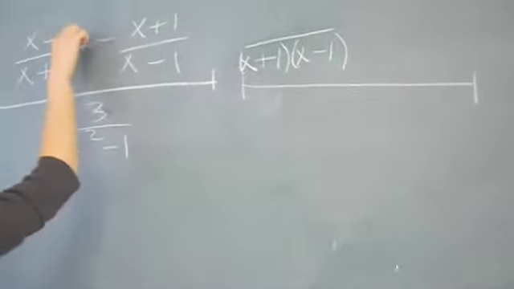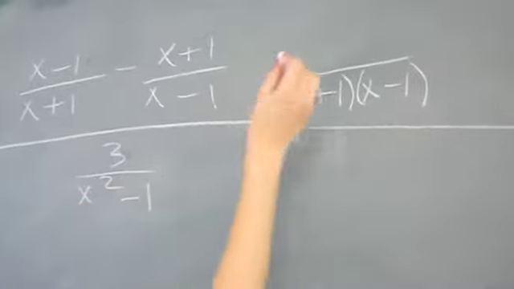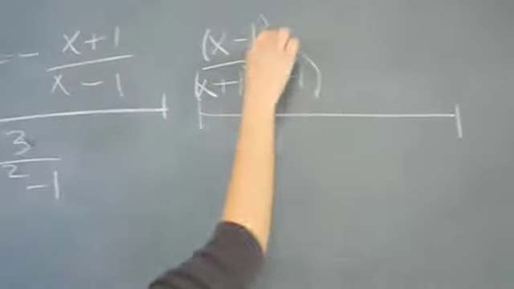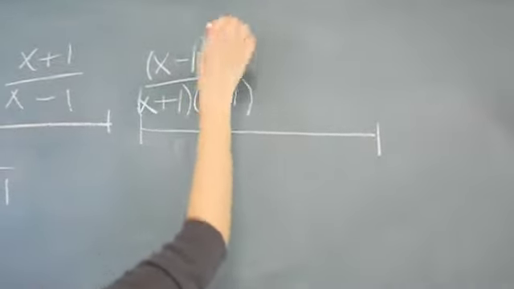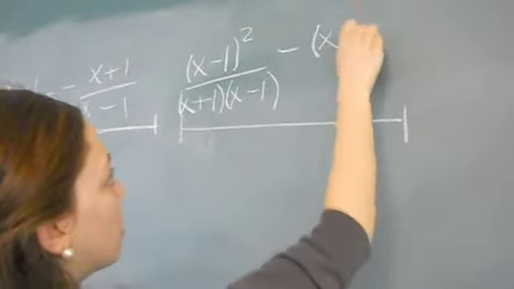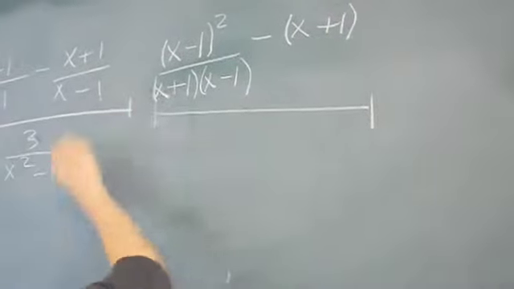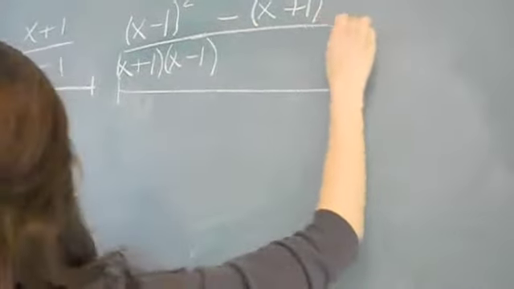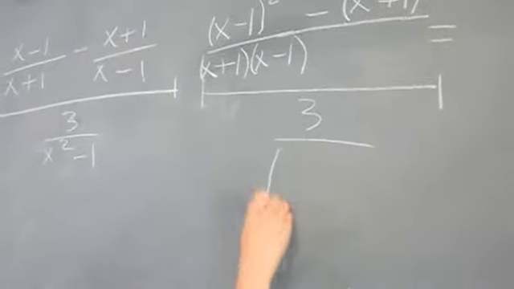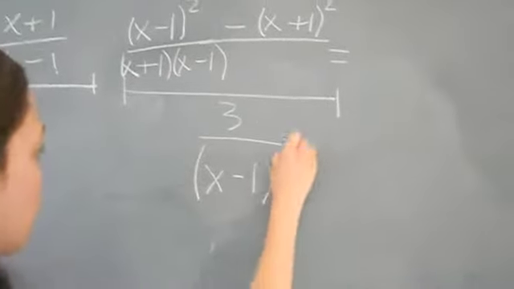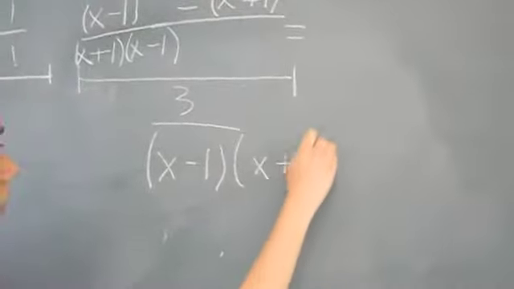In this equation you're missing the x minus 1, so you will multiply x minus 1 times x minus 1 is to the second power minus this one, which is x plus 1 times x to the second power. And here you can simplify this one by putting x minus 1 and x plus 1.